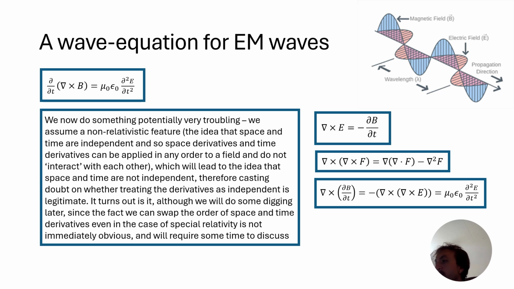When you do this, it's worth saying that the curl of the curl of E will, by definition, have to equal the gradient of the divergence of E, but we said the divergence of E is 0, so the gradient of the divergence of E is going to be 0, and then you'll have minus the Laplacian operator times E.